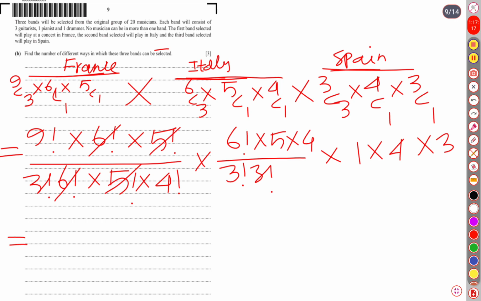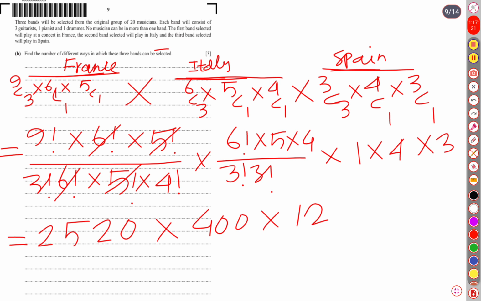So it is 2520 number of ways, and in the second one this is going to be 400, and the third one is going to be only 12. If we find the product of all of these quantities, it is going to be 120.